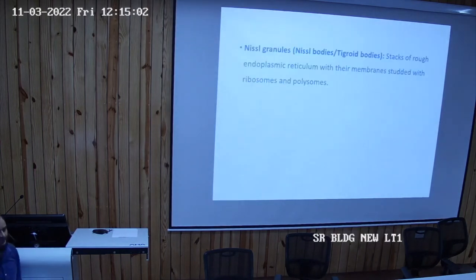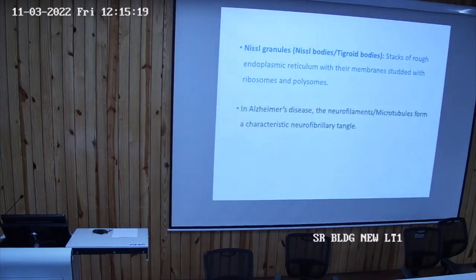We have discussed that these major granules form the tigroid bodies. These are also called tigroid bodies. These are stacks of rough endoplasmic reticulum, which are membranes having ribosomes. Okay. And you must have heard about Alzheimer's disease.